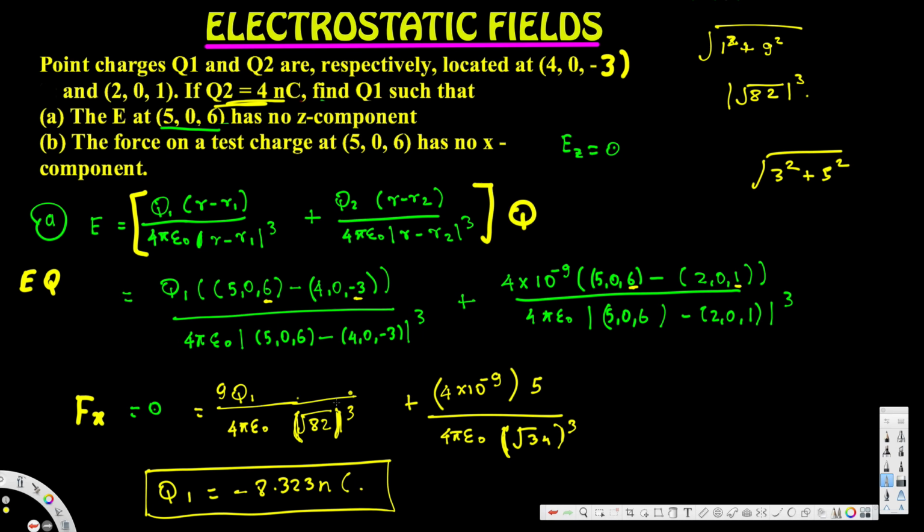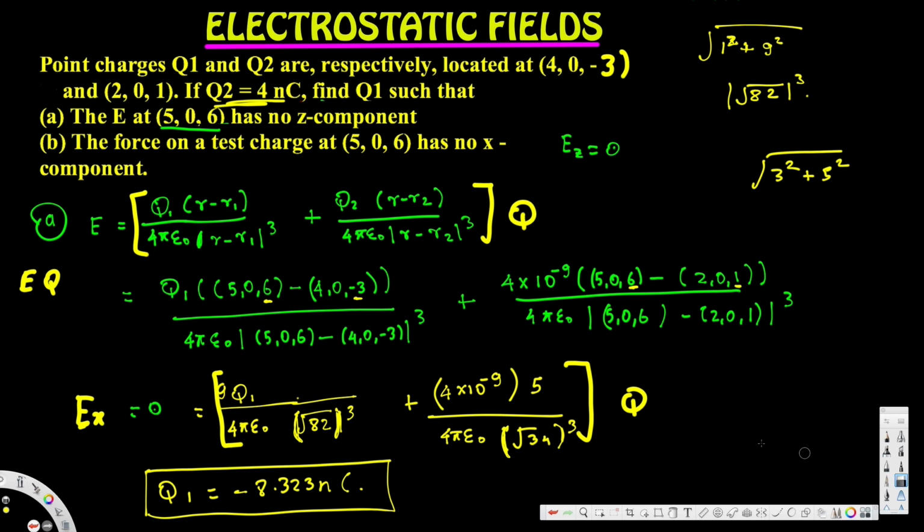What's going to happen if I bring the Q to this side? We know that Fx is equal to 0, and since this whole thing is multiplied by Q, if I bring this Q to the other side, 0 divided by Q is going to be 0. So we can just eliminate them. We don't even have to consider this one as Fx. We can consider this one as Ex and equate that one to 0 and calculate q1. So that's going to give us the same results.